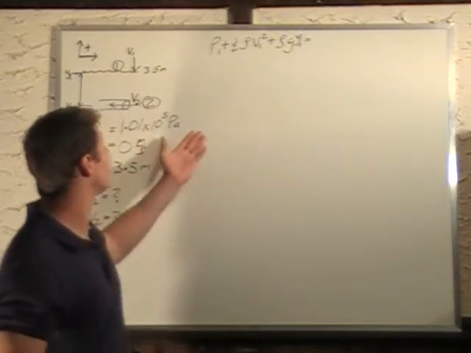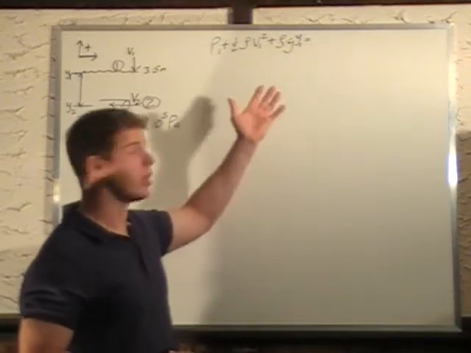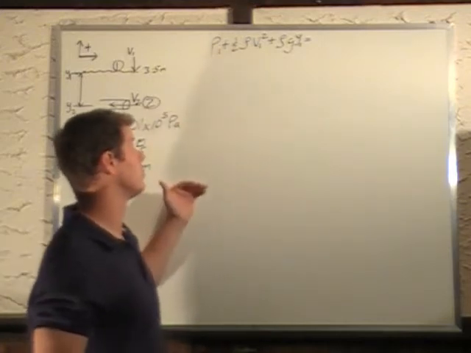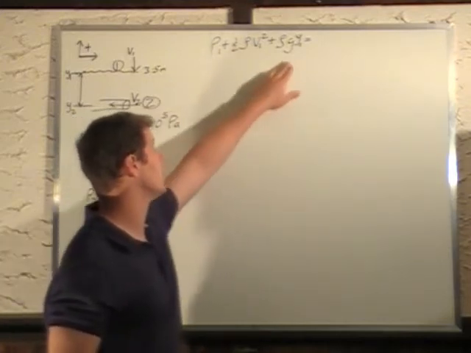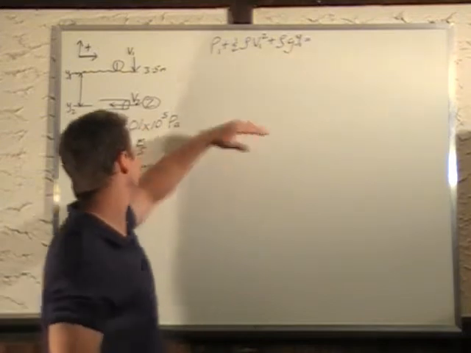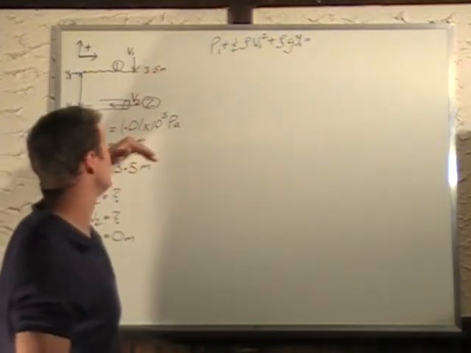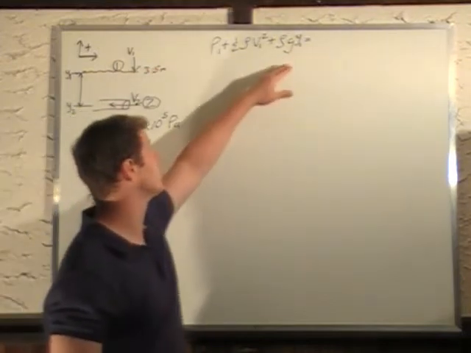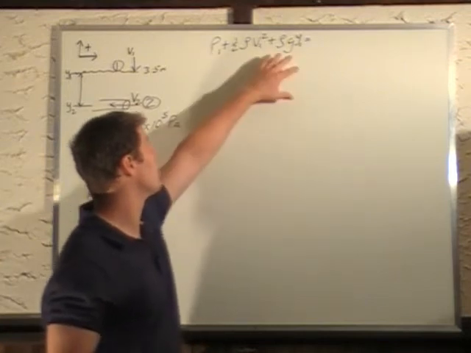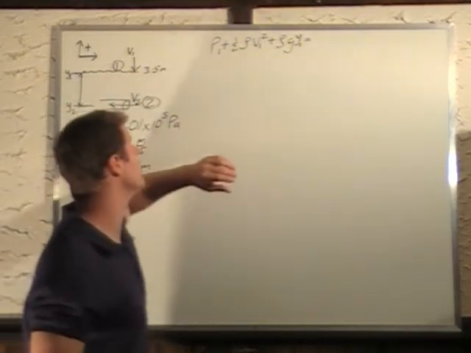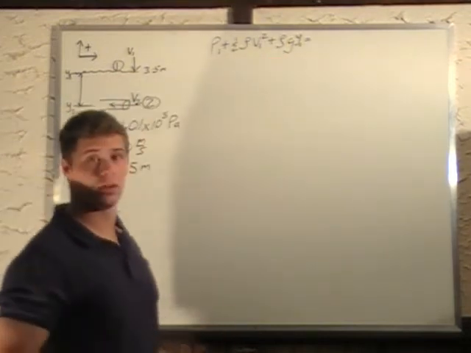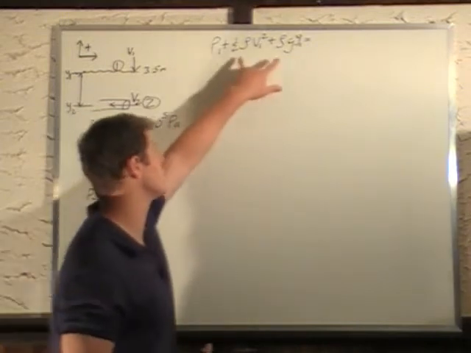So, if the speed picks up, the pressure is going to go down. Or if you go deeper into the liquid, then you're going to get higher pressure due to the depth of the liquid, so this pressure will go down. It's always in balance. This is always equal to a constant.